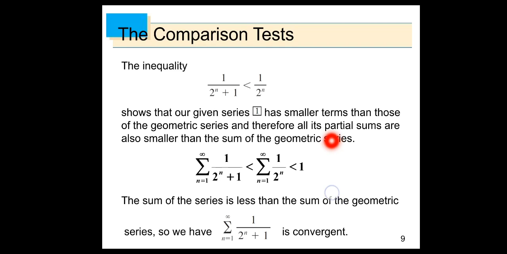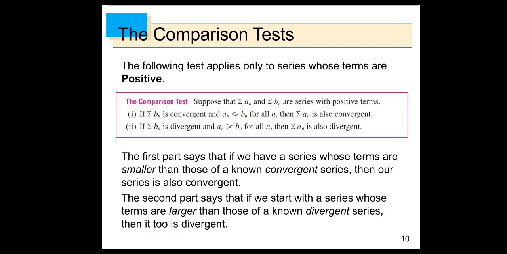Let me tell you one thing clearly: our b sub n is often a geometric series or p-series. Here b sub n is a geometric series, and its sum would be greater than the sum of a sub n. Both would be less than 1, so this particular series is convergent in this case.